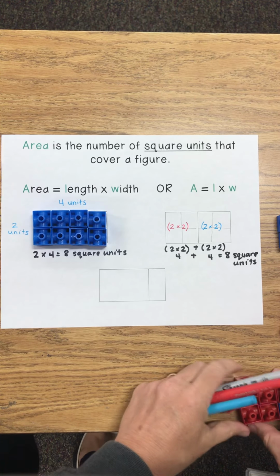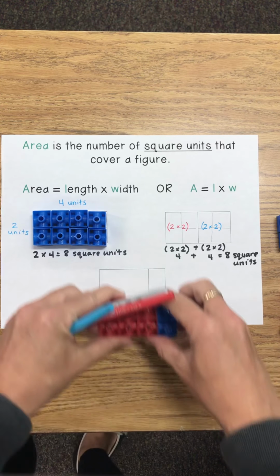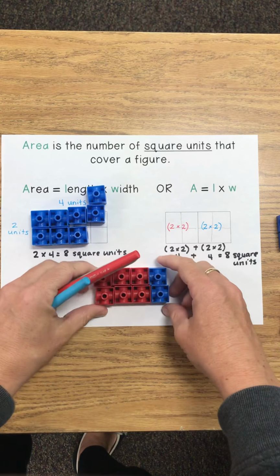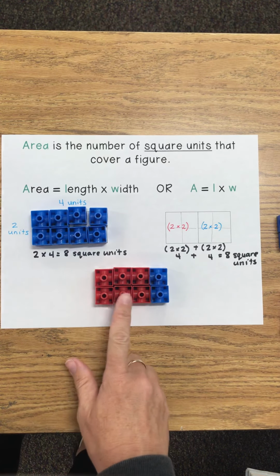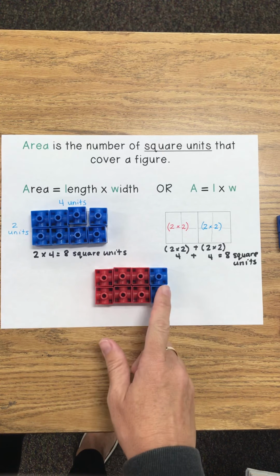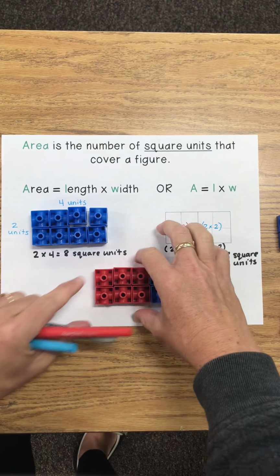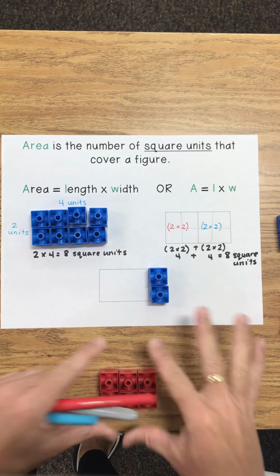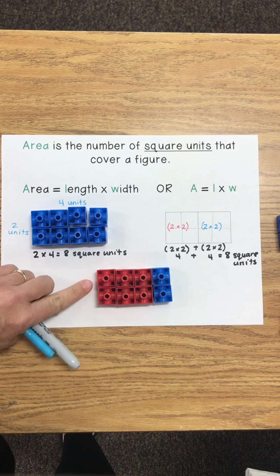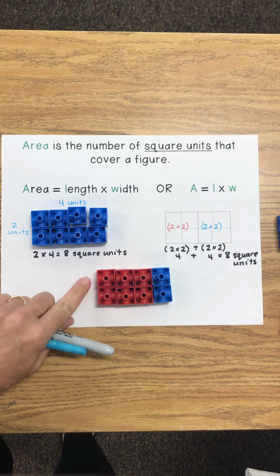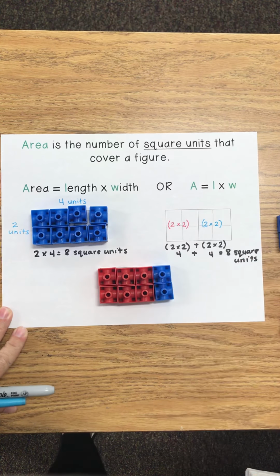Okay, to model it a little bit differently, I have divided my rectangle again. So now I have 6 red square units and 2 blue square units. Okay, I'll remove the red ones first. And before I do that, I want to show you that the red section of this rectangle now measures 2 units by 1, 2, 3 units.